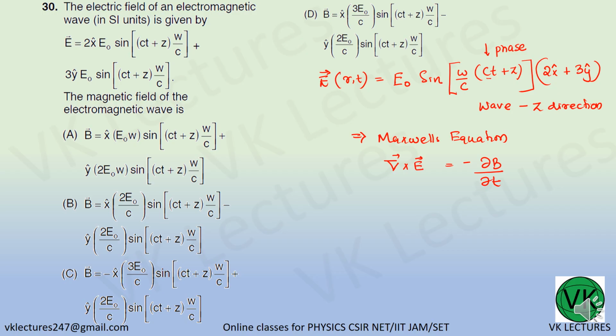Writing the x direction, y direction, z direction, dou by dou x, dou by dou y, dou by dou z, and the x, y and z components of E. So this is what we need to calculate. Since the wave is moving in the z direction, the x and y components of the wave vector won't be present.